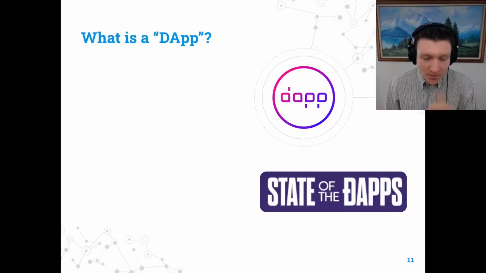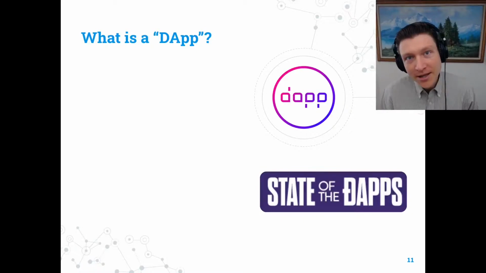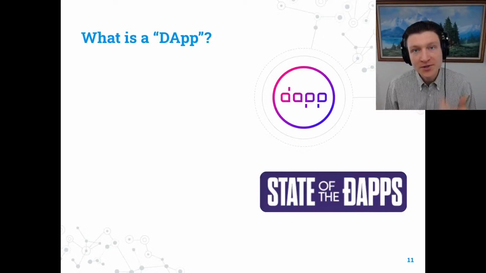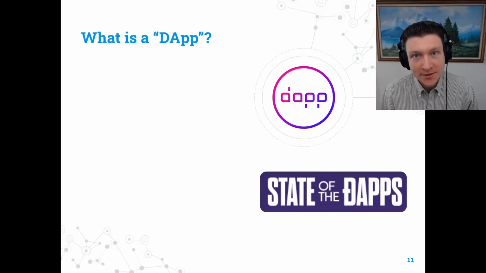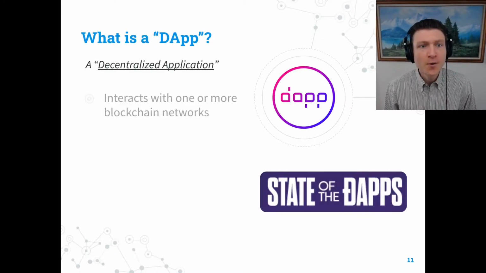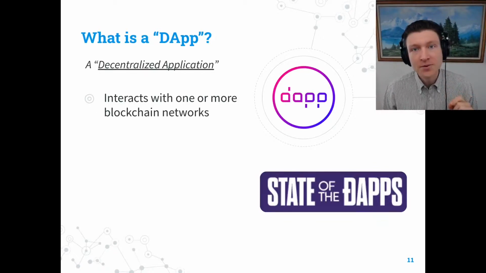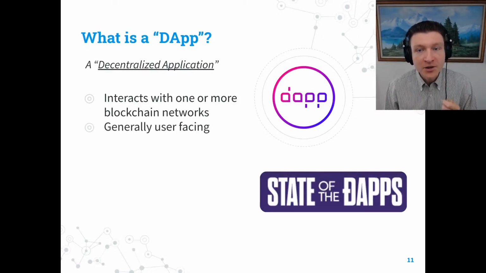So what we will talk about, though, is potential applications for these things. A token presumably is associated with something of value, something you can do with it. And this is what decentralized applications, or DApps, are built around. These typically interact with one or more blockchain networks, and they are generally user-facing.